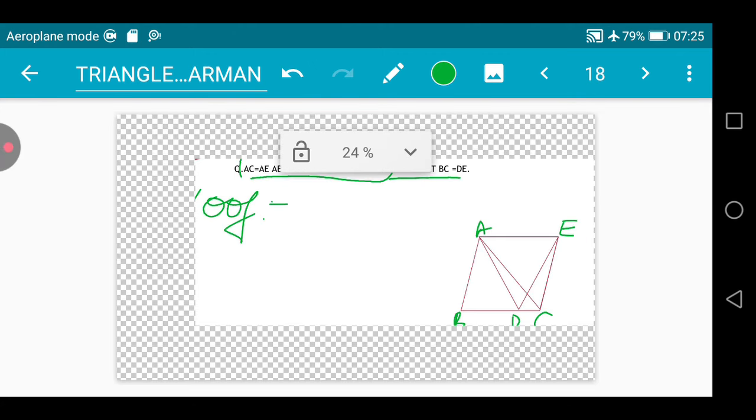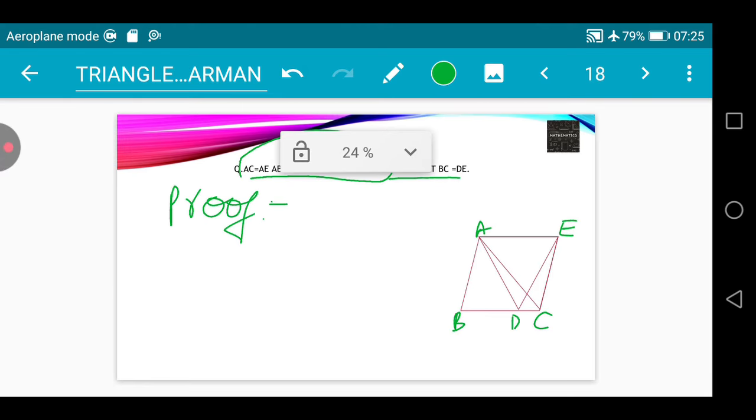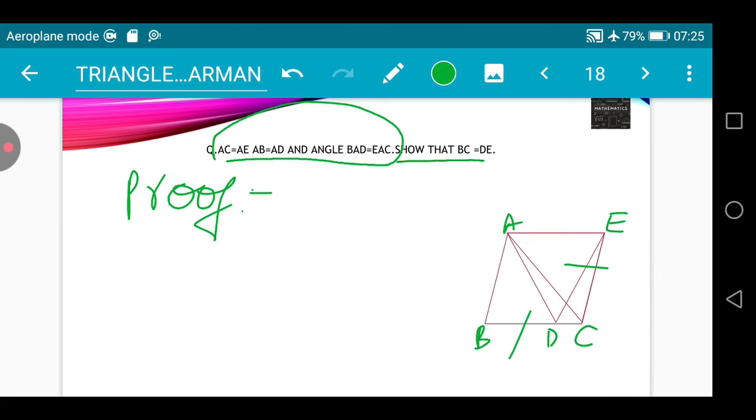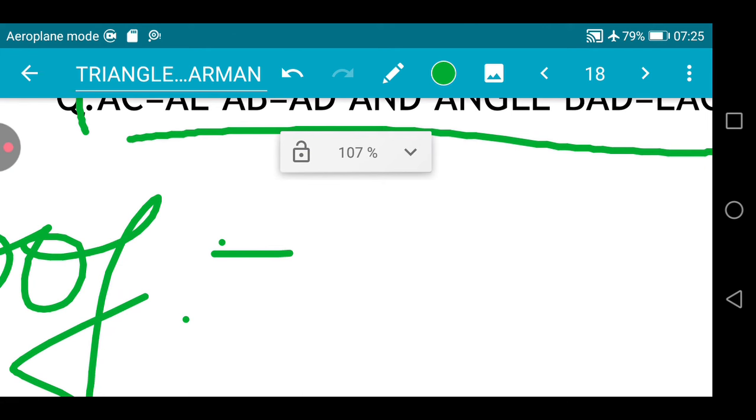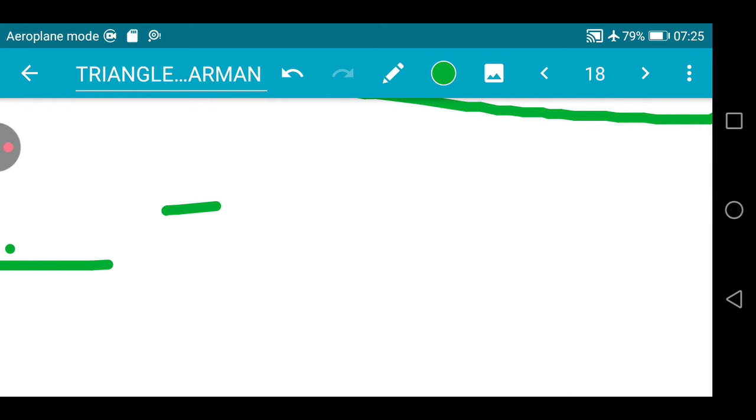Okay, proof. We have to prove BC equal to DE. So what two angles do I have to take? If those parts have to be equal, the angles will be the same for the two parts. So what do we have to prove? We have to prove two triangles congruent.